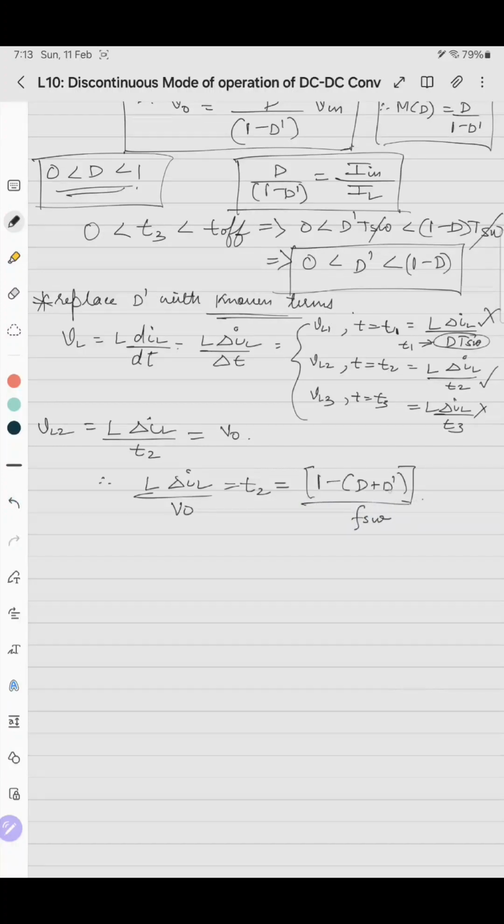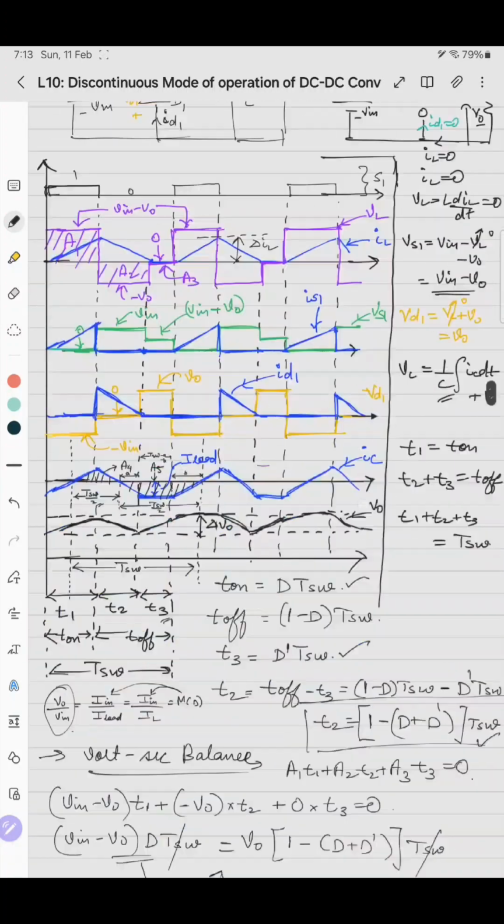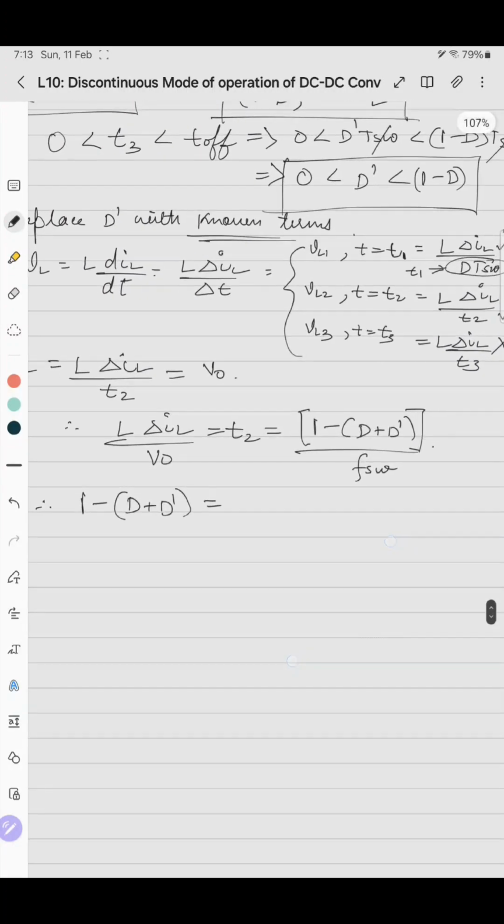Now we can write D dash in terms of this. So 1 minus bracket capital D plus D dash equals F switching into L into delta IL by V naught.